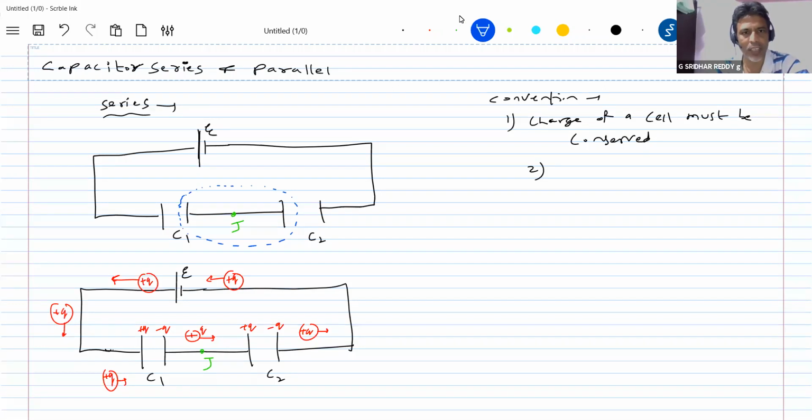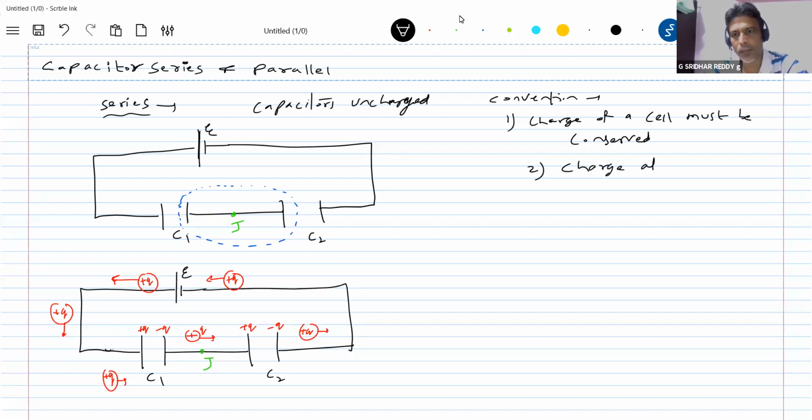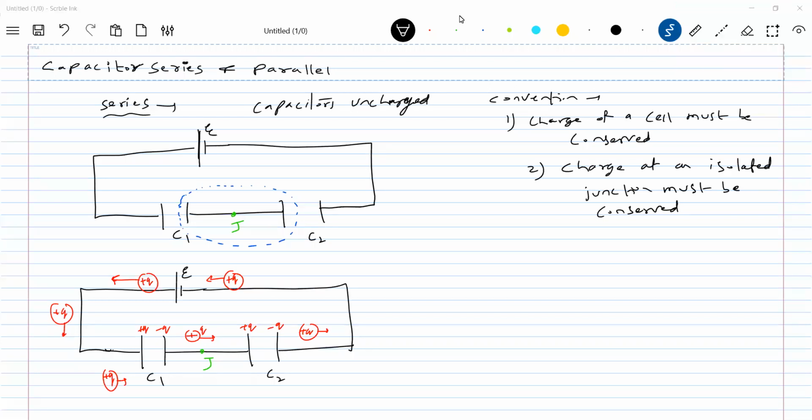The capacitors were uncharged, no? Charge at an isolated junction must be conserved. That's all. This is the one thing which we will be using exclusively.